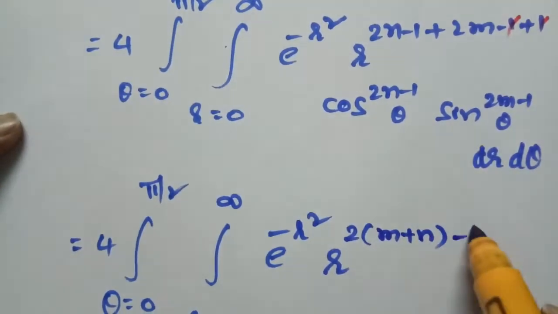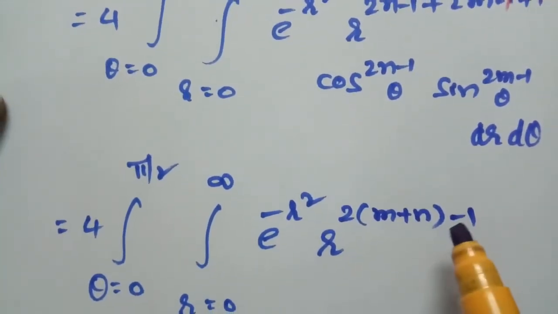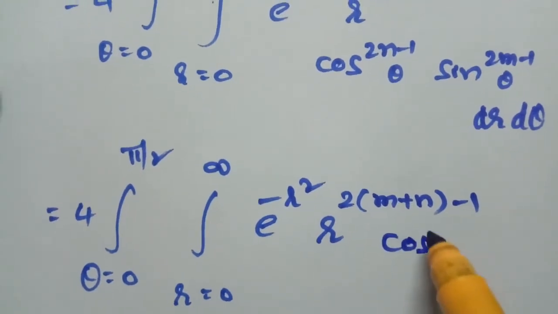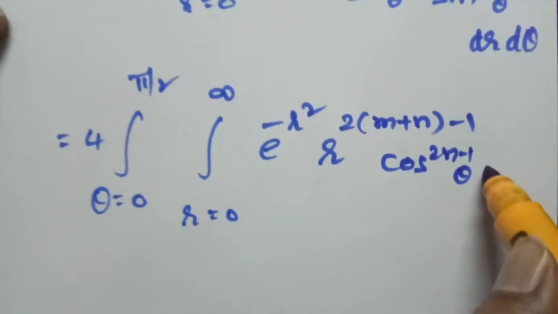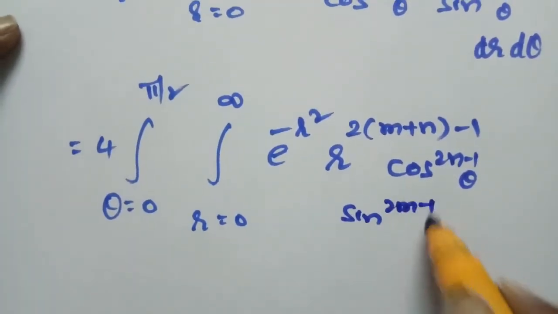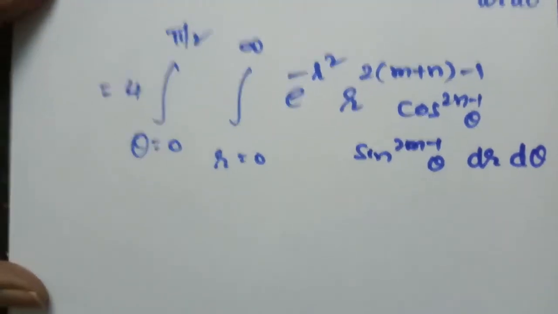into cos theta whole to the power of 2n minus 1 and sin theta whole to the power of 2m minus 1, dr d theta.